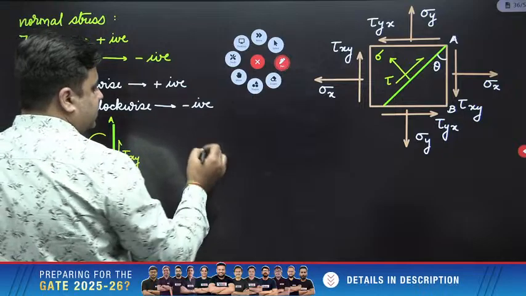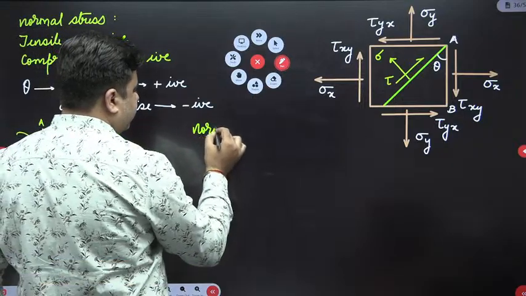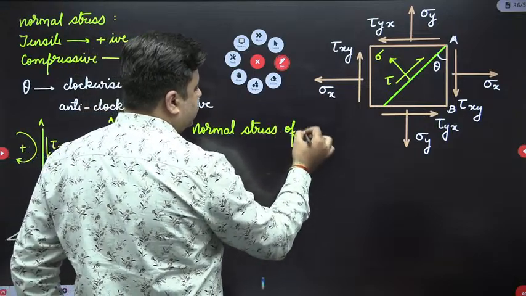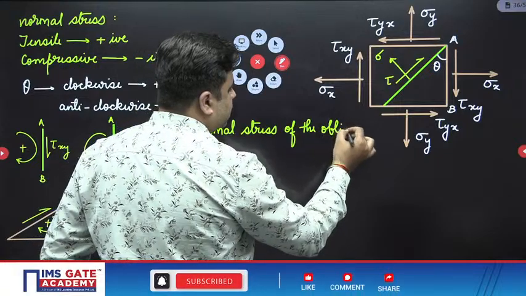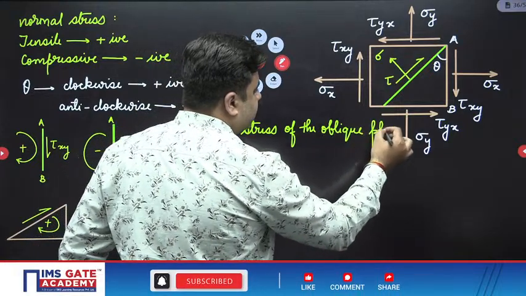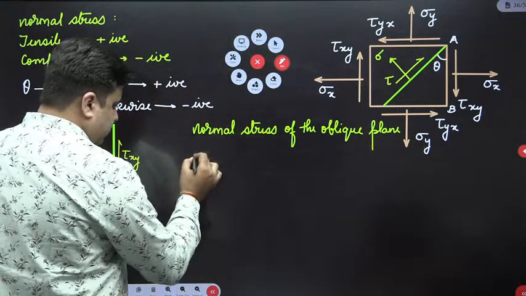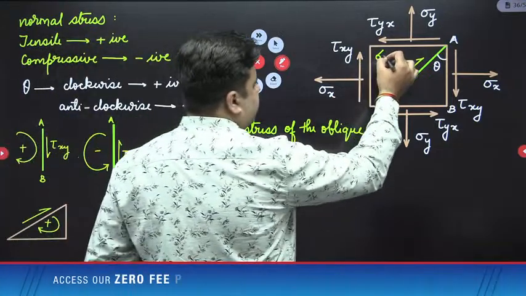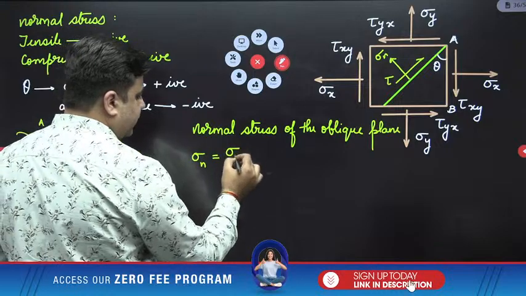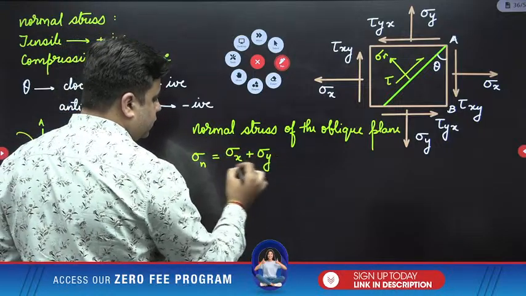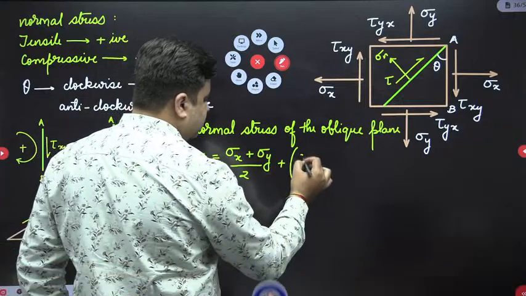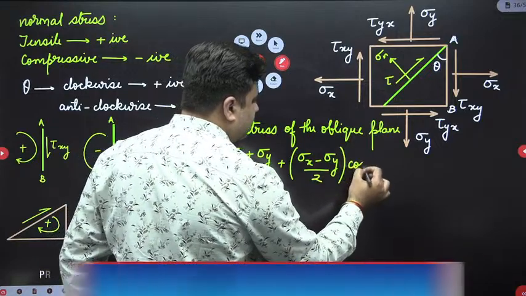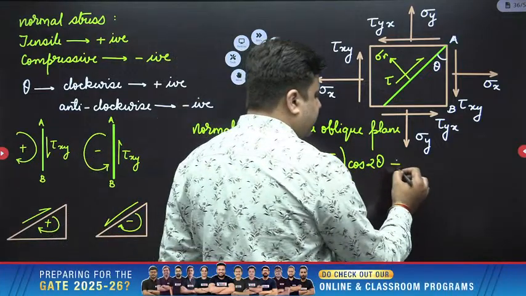Using these sign conventions, I can write down the normal stress on the oblique plane, sigma n, is equal to sigma x plus sigma y by 2, plus sigma x minus sigma y by 2 into cos 2 theta, plus tau xy sin 2 theta.